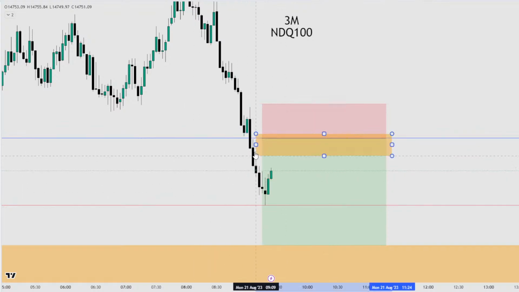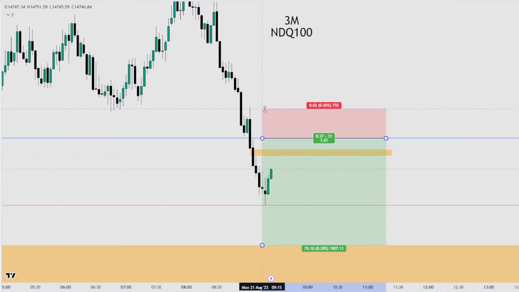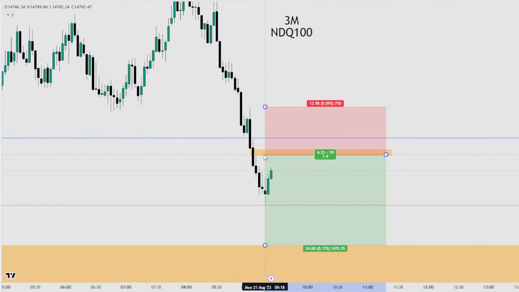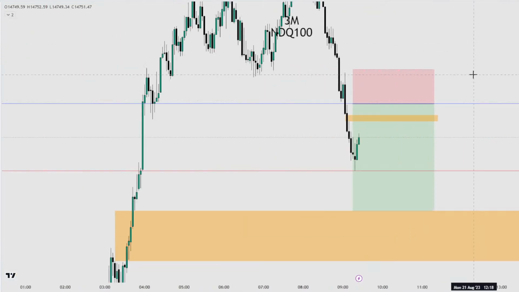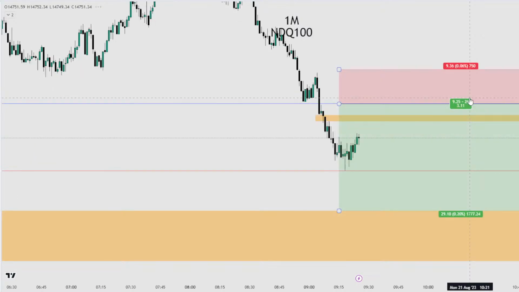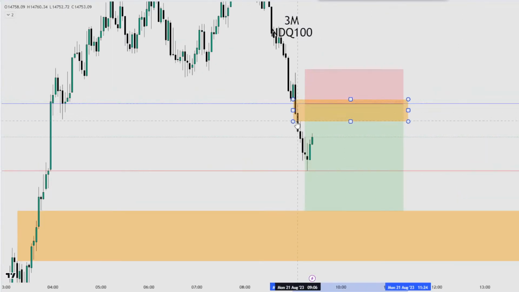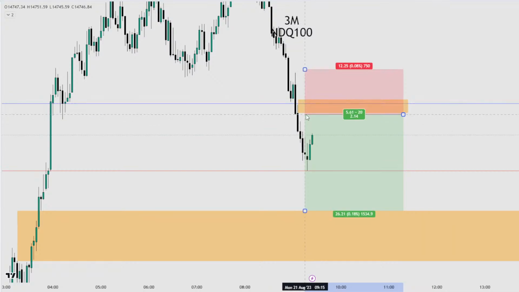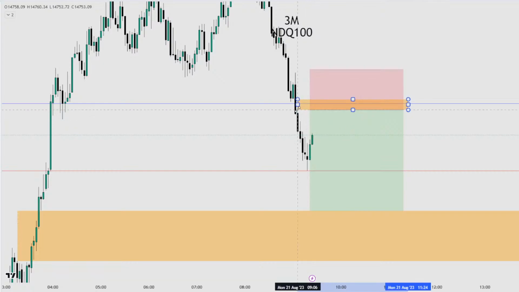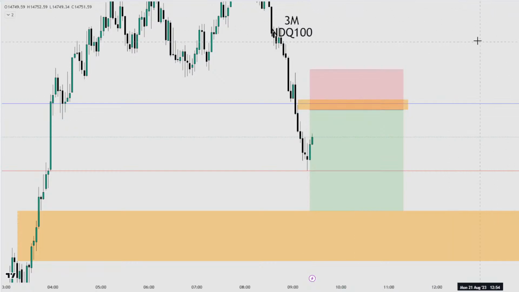I mean, this fair value gap looks reasonable, but the R would be so bad. I'm just going to take my entry from the highest one from here. 2.5. All right. I'll take it. 2.5 risk.